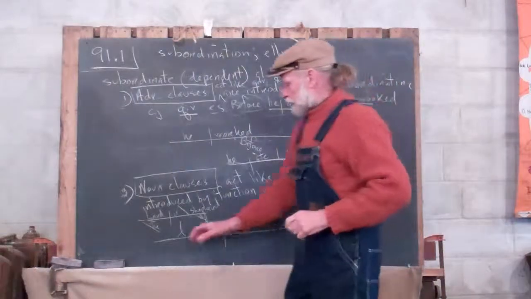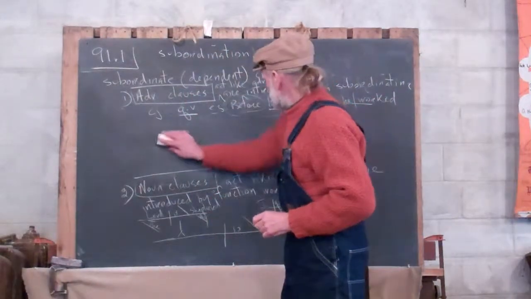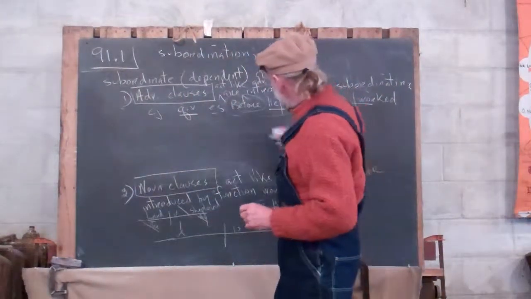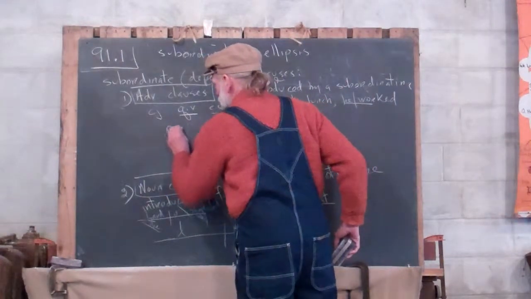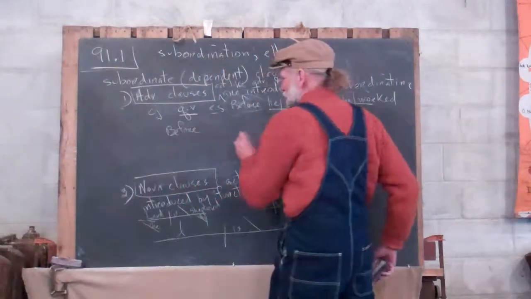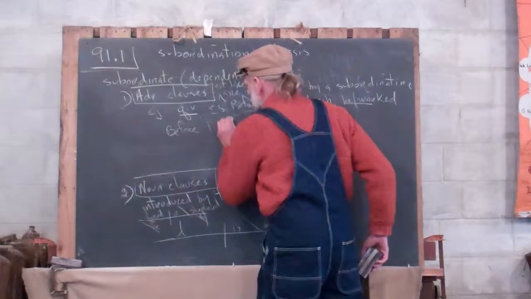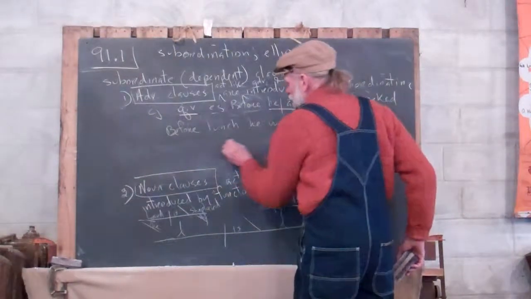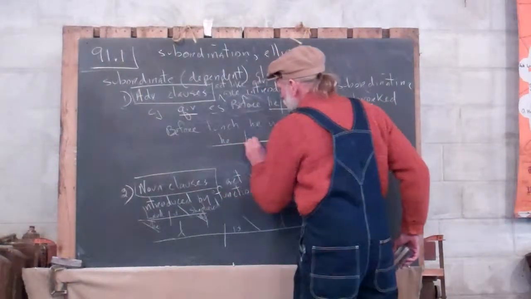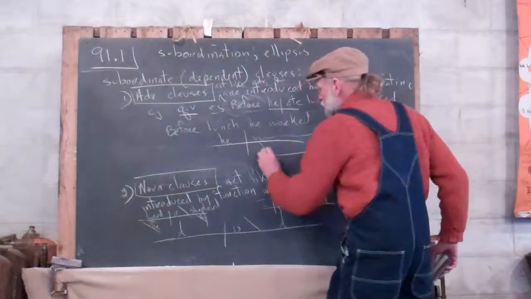Now, I usually don't erase as I'm going, but today I'm going to. I'd like you to compare that to a sentence like, before lunch he worked. Well, in a case like that, he worked before lunch.